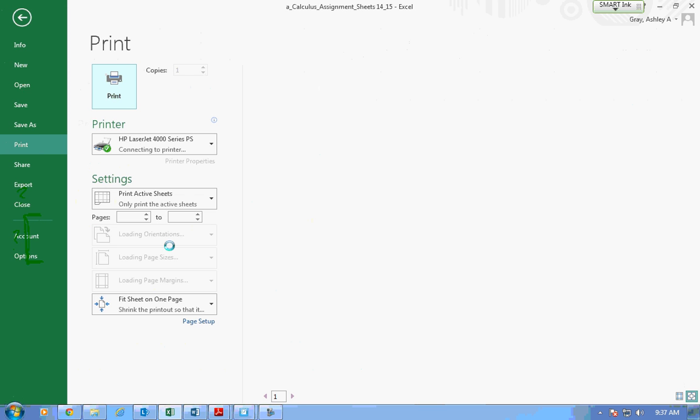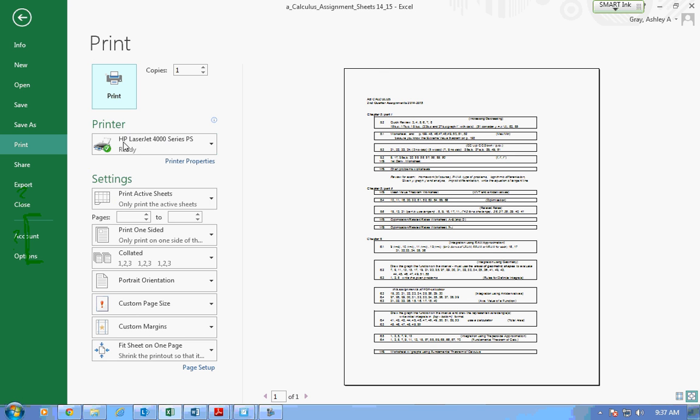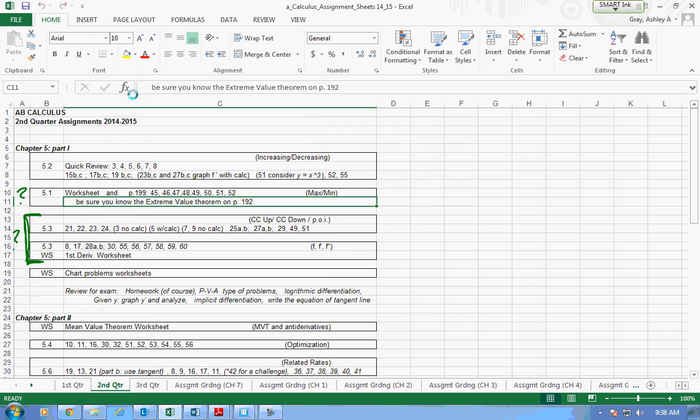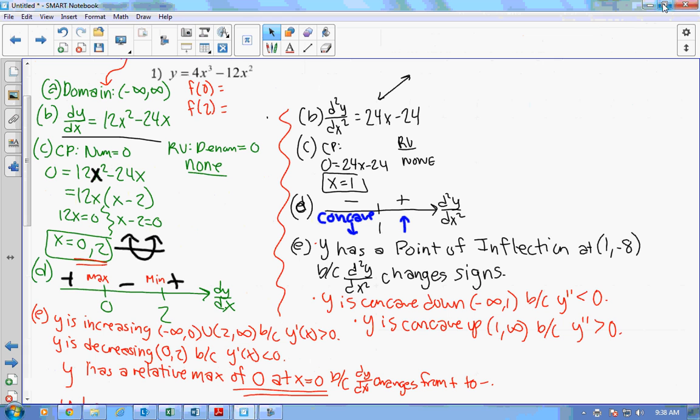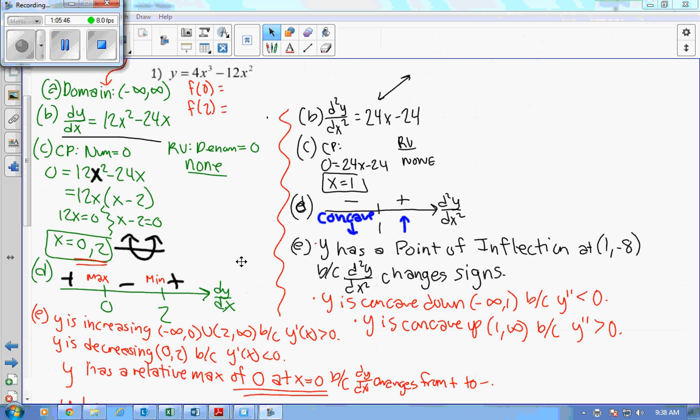Thanks. The printer's kind of slow. Well, you have a few minutes, so let's start working on the worksheet. Grab those off the print.